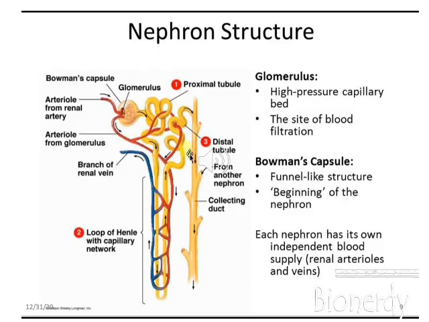The glomerulus has high pressure and it is the site of blood filtration, and Bowman capsule is a funnel-like structure, and each nephron has its own independent blood supply by renal arterioles and veins.